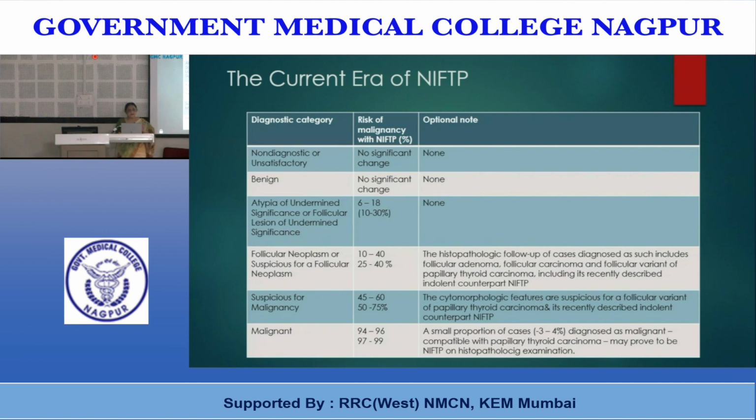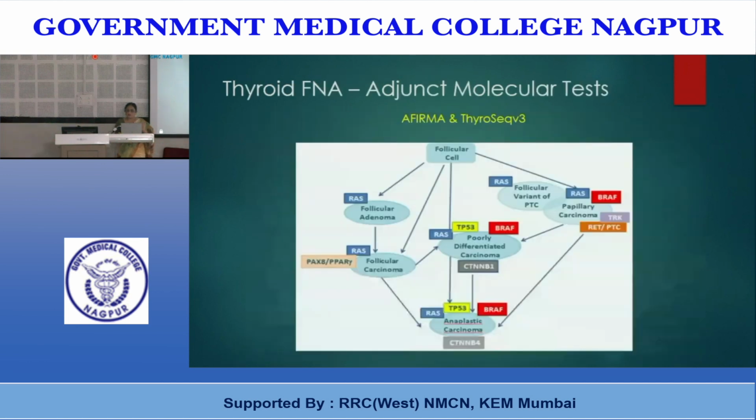Notes and recommendations can be useful for the surgeon, especially when they have the facility of doing molecular tests. At present, molecular tests are being done in the Western countries, and cytology is being triaged with these molecular tests. They are using the Afirma and the ThyroSeq V3, which is a simple machine, just like we do PCR.